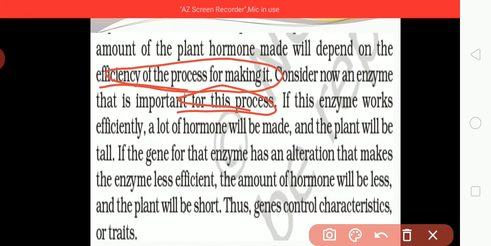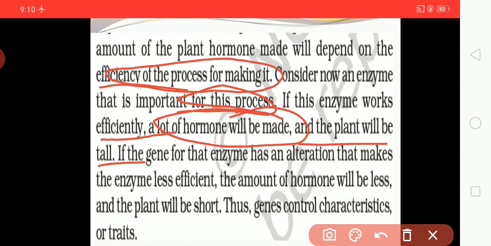If the enzyme is working efficiently, a lot of hormones will be made, and the plant will be tall.